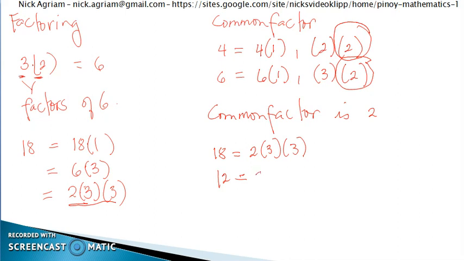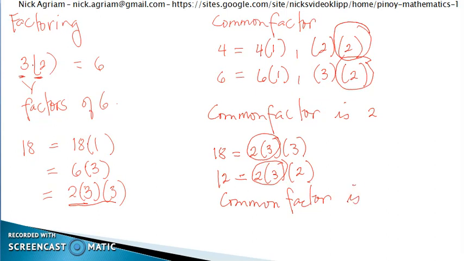And then for 12 we have 2 times 3 times 2. As you can see, we have 2 and 3 in both. So the common factor between 12 and 18 is 6, which is 2 times 3.